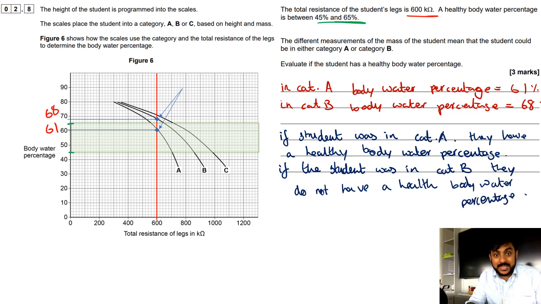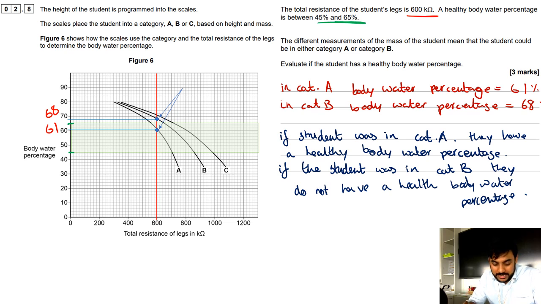The hardest thing for me in this question is writing body water percentage out, and obviously writing category out. I've been really lazy here and I've contracted category to cat, but obviously that's unacceptable.